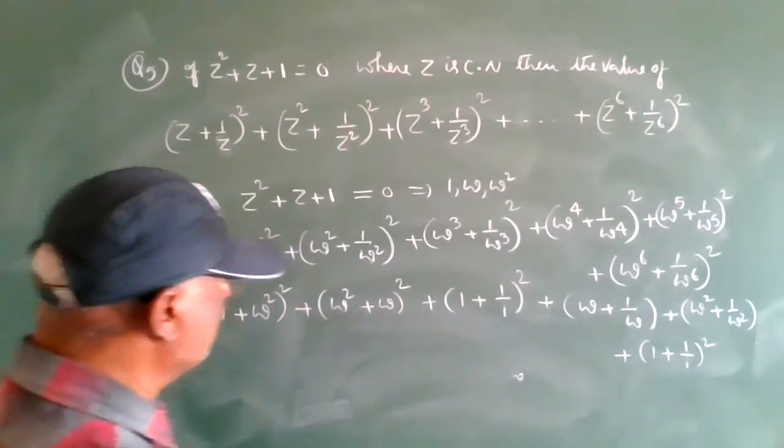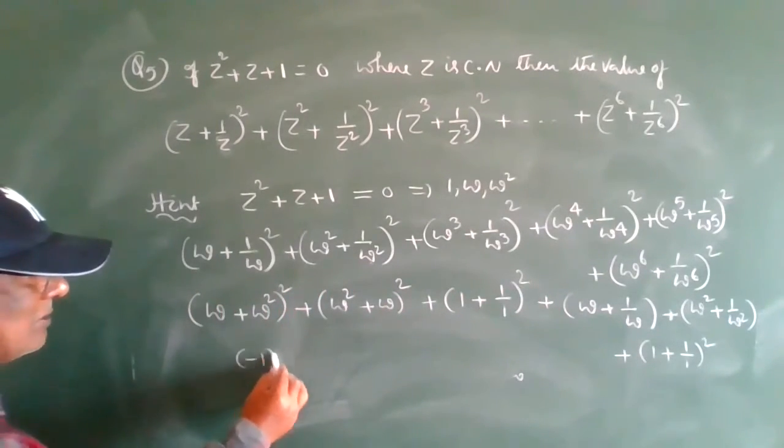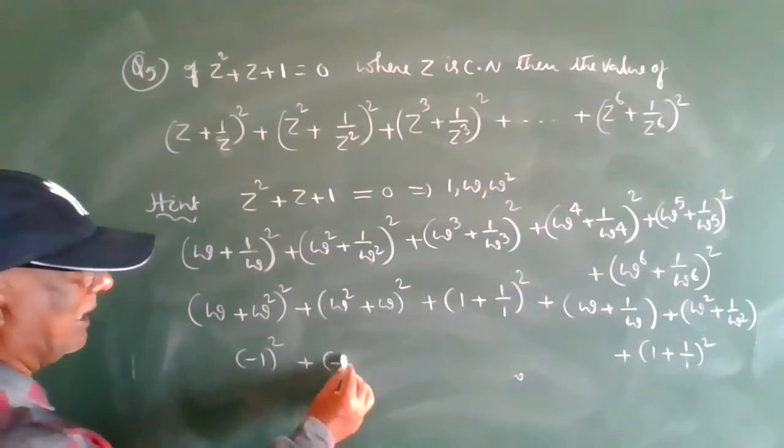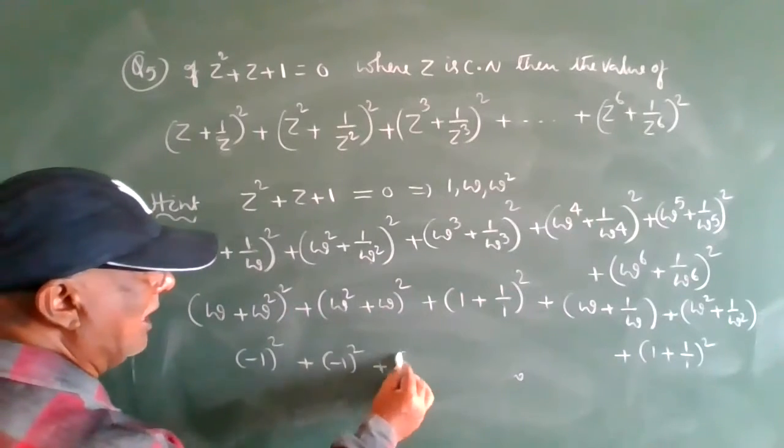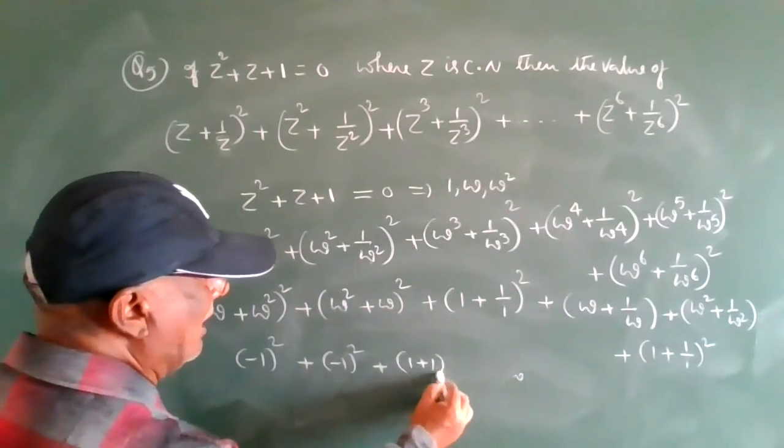Next, omega plus omega square is minus 1, so minus 1 square. Similarly minus 1 square, and (1 plus 1) square.